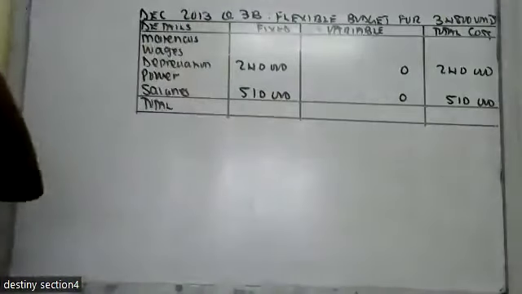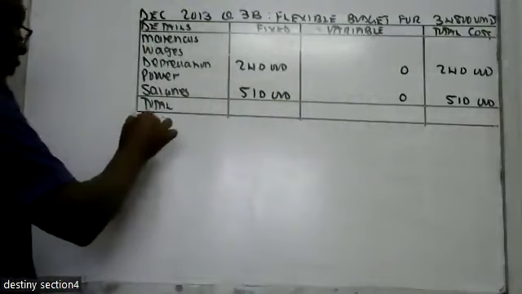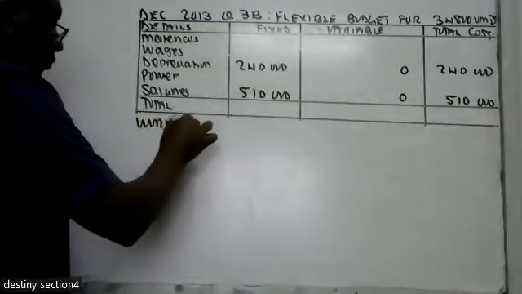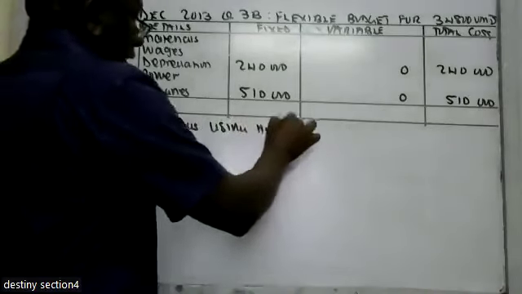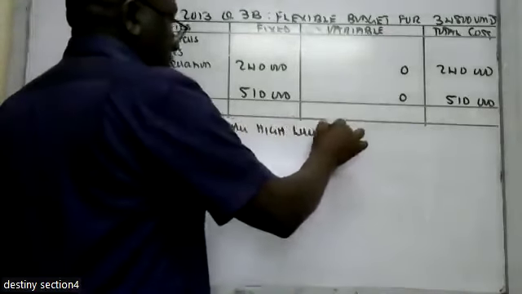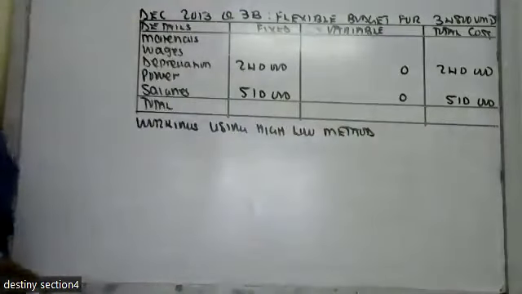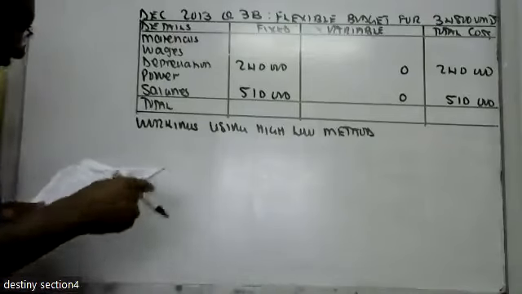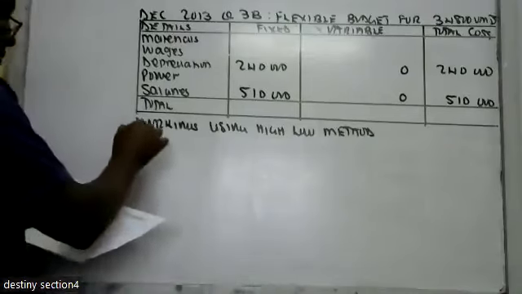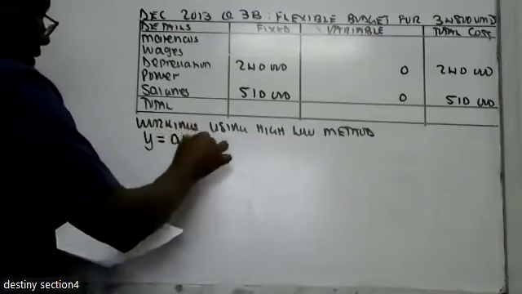So you have to use, in the workings, the high-low method. We can take hii case ya 30,000 na 33,000. We say my equation inakuwa y is equals to a plus bx.